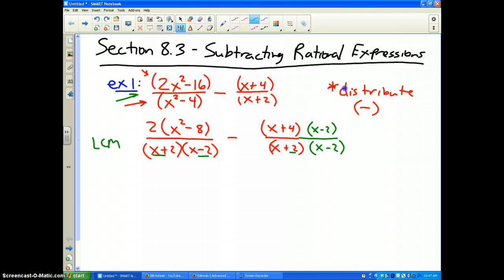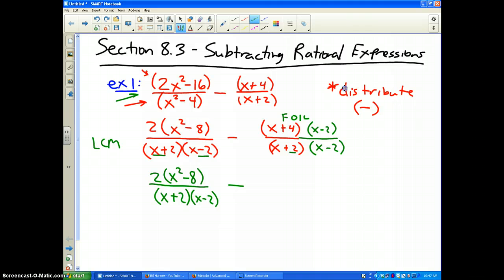All right, so now, at this particular stage, we're going to have 2 times x squared minus 8 over x plus 2, x minus 2, minus, and now I'm going to FOIL the top. I need to put that together so I can combine my like terms in the top.